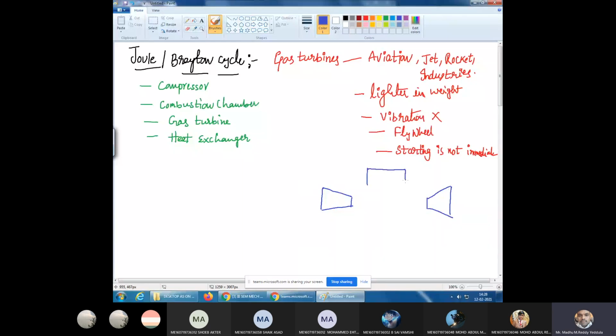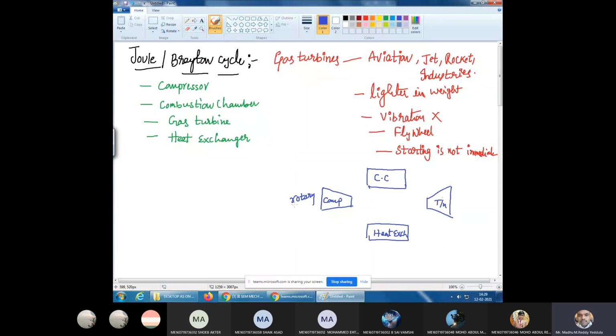Here we have the combustion chamber, CC. This compressor is of rotary type, not reciprocating. You can say centrifugal or axial. And this is the gas turbine.